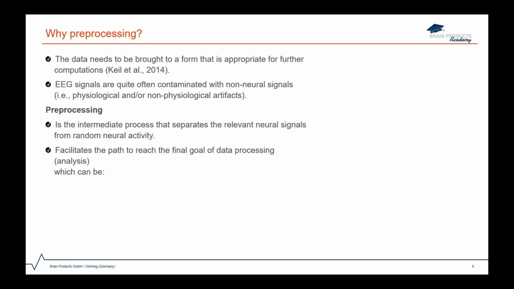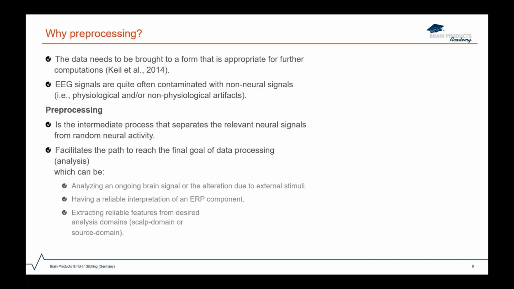It also facilitates the path to reach the final goal of data processing or analysis, which can be either analyzing an ongoing brain signal or the alteration due to external stimuli, having a reliable interpretation of an ERP component, or extracting reliable features from desired analysis domains, such as analysis at the scalp level or analysis at the source domain. But let me better show you what I mean.